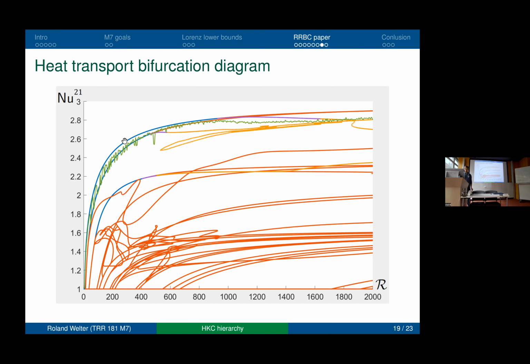And so then what you can get here is that there are multiple stable values of the Nusselt number. And this is then seen in these solutions beginning from random initial conditions.